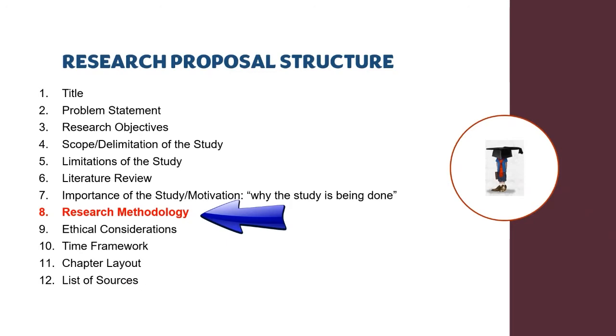And then we have a research methodology, we have the ethical considerations, you've set out a time framework, you've given chapter layouts, and your list of sources. So we are here at 8, at research methodology, when we're talking about orientations.